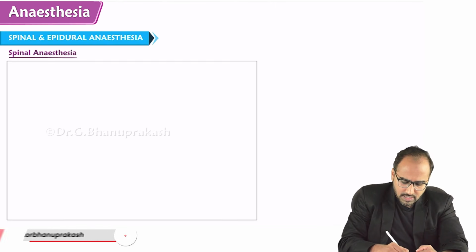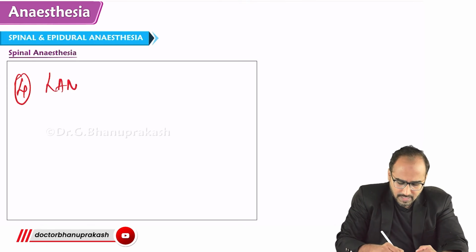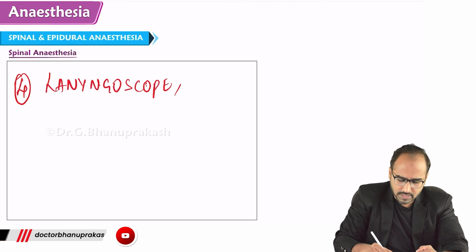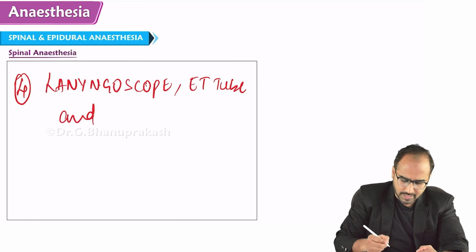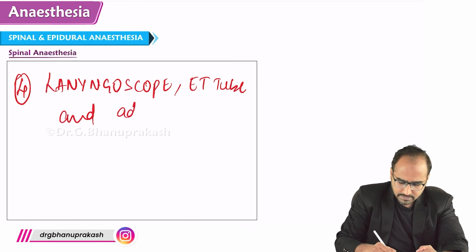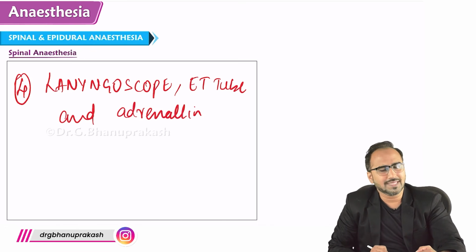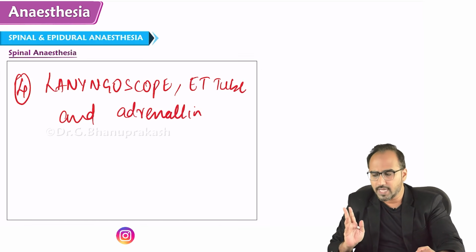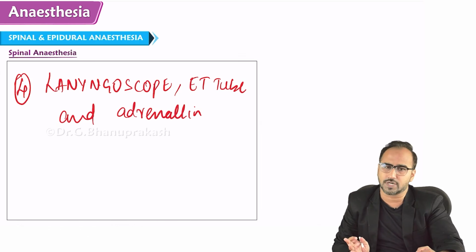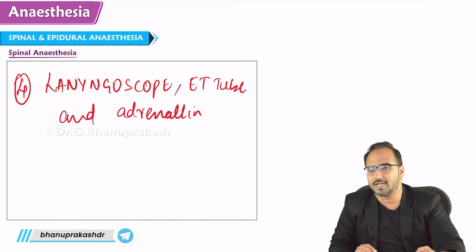In the last column, I keep a laryngoscope, ET tube, and adrenaline. So I have kept phenylephrine, atropine, pethidine, and we have to remember in this order only, and lastly laryngoscope, ET tube, and adrenaline.